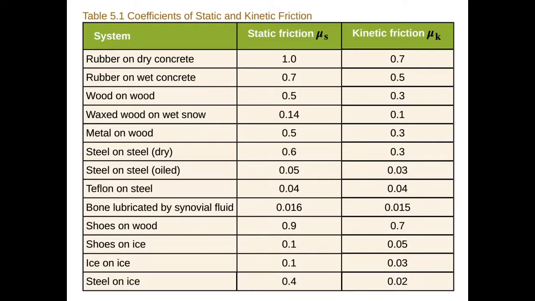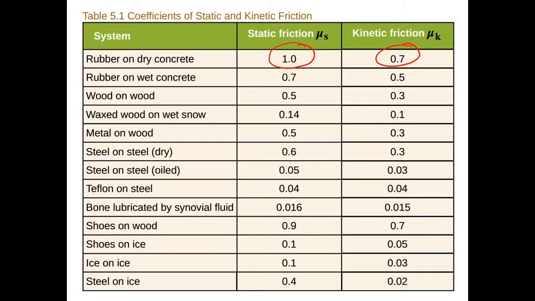Now here's some numbers, and you do not have to memorize these numbers. This is the table from the OpenStax textbook. What we want to look at is the coefficients. Again, the coefficients have no units. They're just a factor. So if we look at rubber on dry concrete, static is 1, but notice kinetic is less.